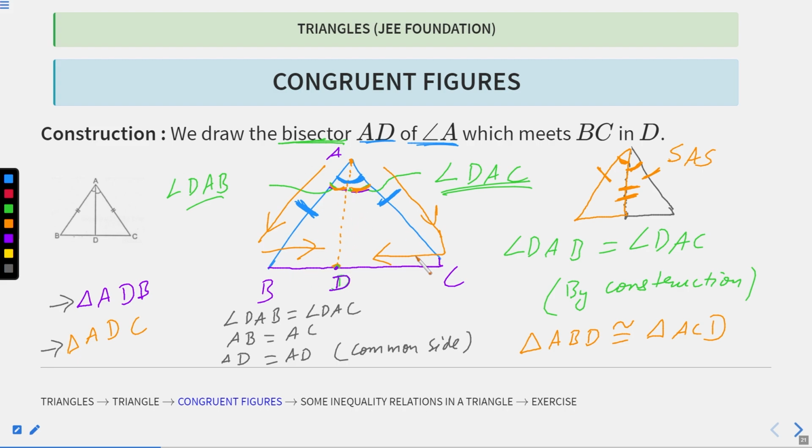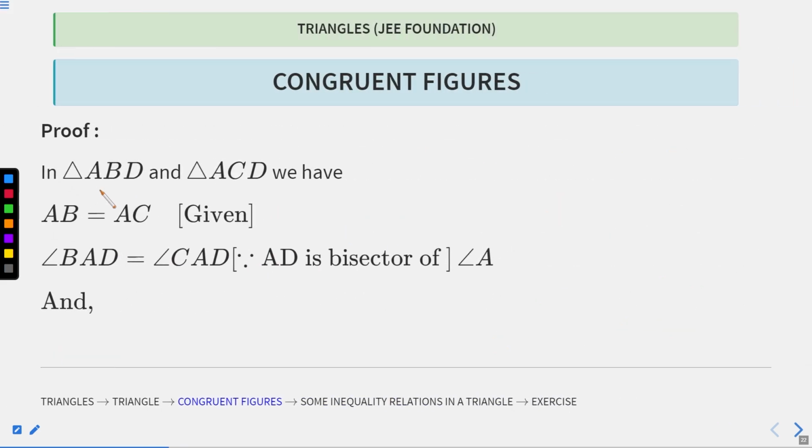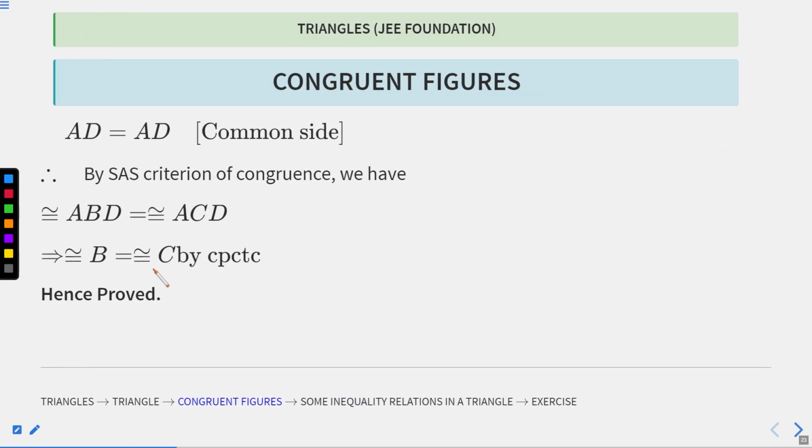Both of my triangles are equal and congruent. You already saw that by the SAS criterion, triangle ABD is congruent to triangle ACD.